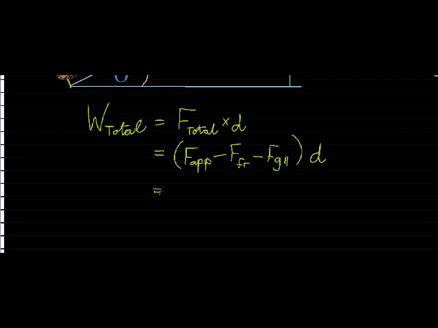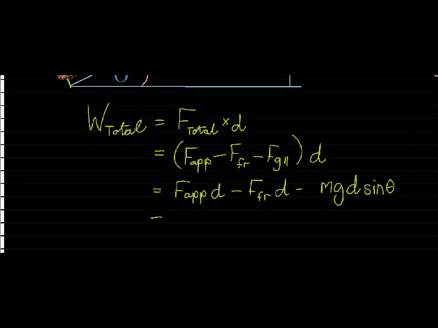Now we can multiply that in, just like we did before. We just now have an extra force that is considered, and that is the force due to gravity. I'm just going to replace that with m times g times d times sine of theta.